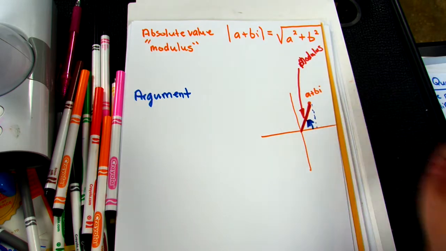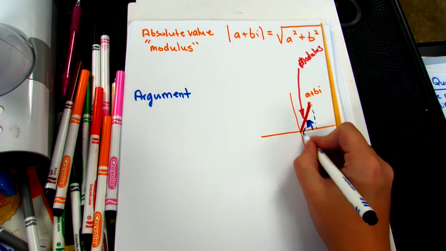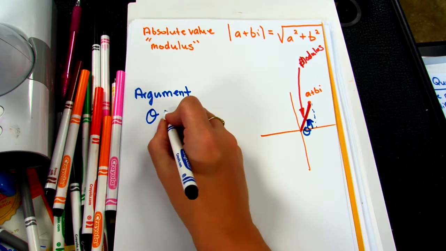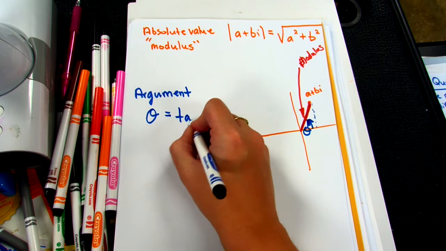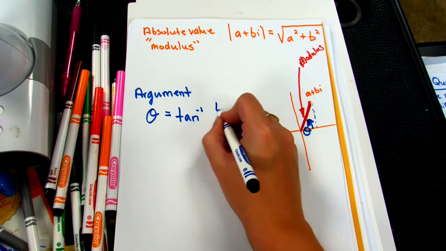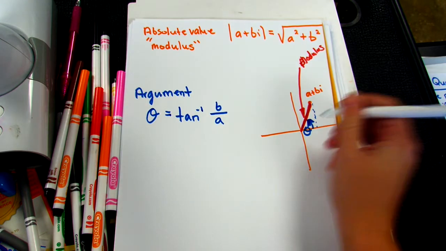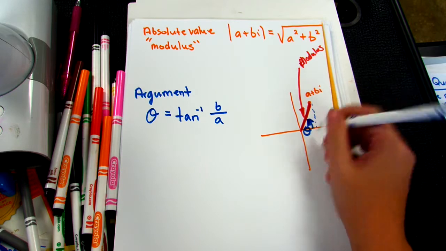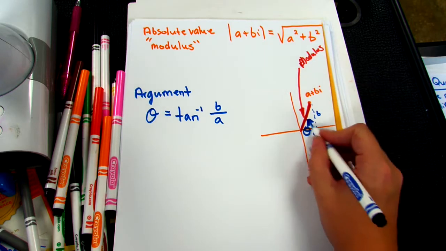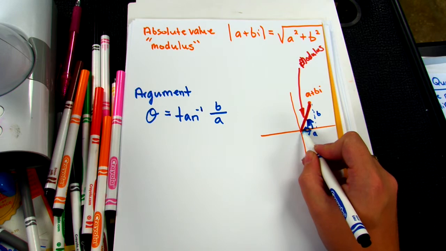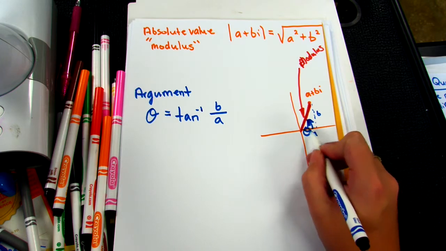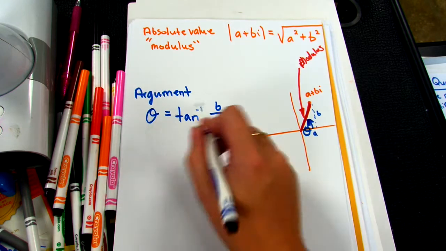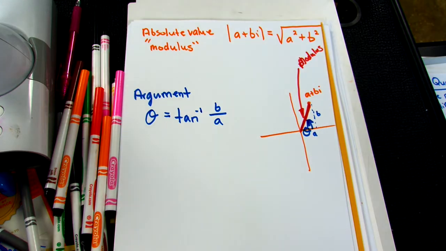Well, this is a triangle, so using trig, we can figure out that this angle, this theta, is going to be equal to the tan inverse of b over a. Since this is a and this is b, we want to know this angle, so tangent of it is b over a. So theta is the inverse tan of b over a. So we have a nice little formula here. So the argument and the modulus, two very important numbers.